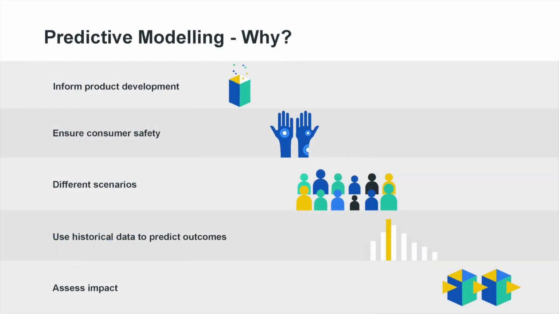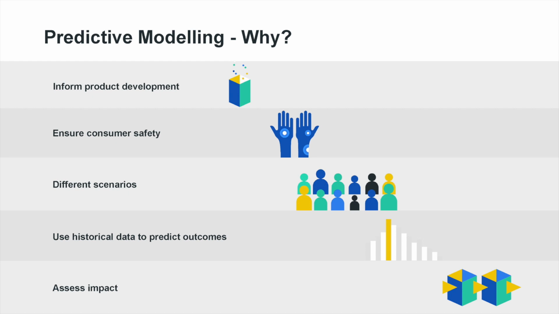What problems can we solve using predictive modeling? We can use it to inform product development. For new substances and new packaging types, we can use it to make sure that the new product is safe for the customers. We can also assess the current risks and consumer safety in the population.